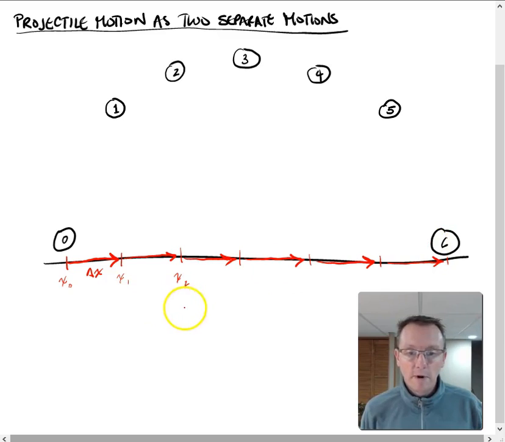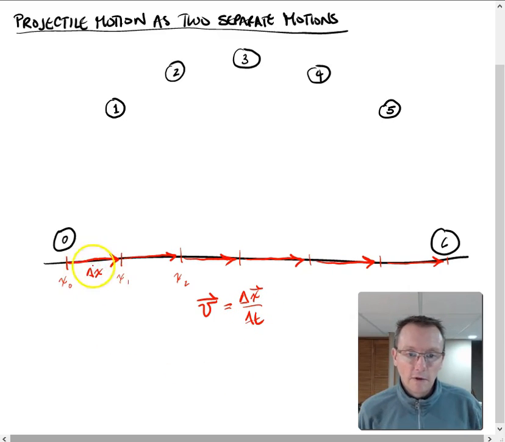Now, you might remember that the velocity of an object is equal to its displacement, and by displacement, I mean its change in position vector divided by the amount of time that it takes to change. And so you see, this is the amount of change in the position in every second.